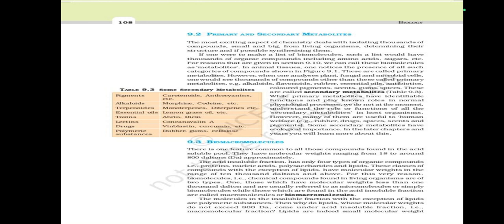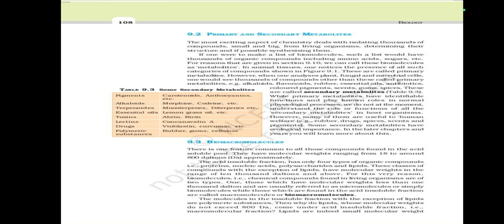However, many of them are useful to human welfare, for example rubber, drugs, spices, scents, and pigments. Some secondary metabolites have ecological importance. In later chapters and years, you will learn more about this.